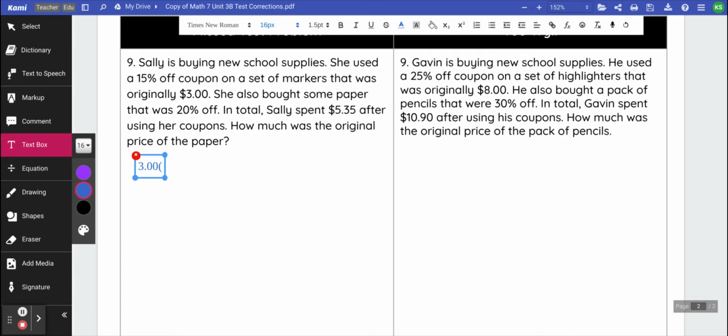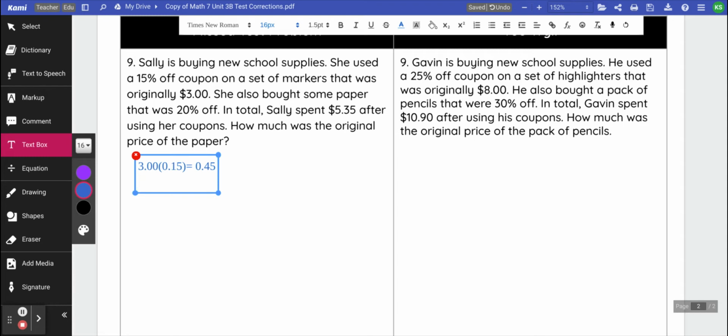And remember, when we multiply by a percent, we put it in a decimal. So 0.15 would be the discount. When I multiply those together, I figure out what my discount was. $3 times 0.15 is 45 cents. So there was 45 cents taken off the price of the markers.